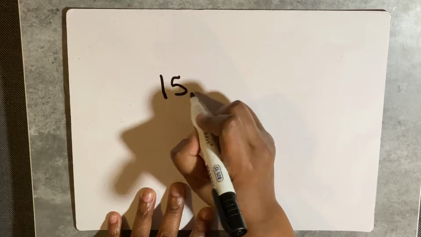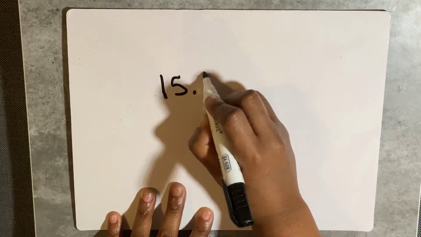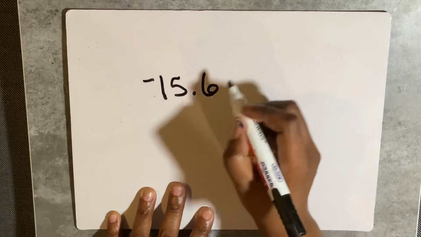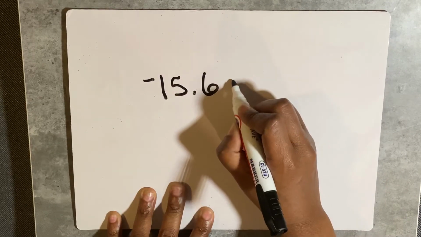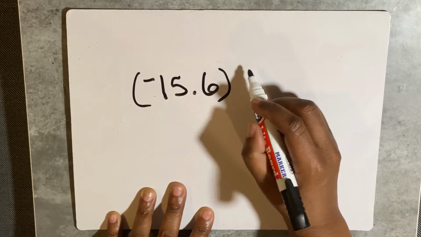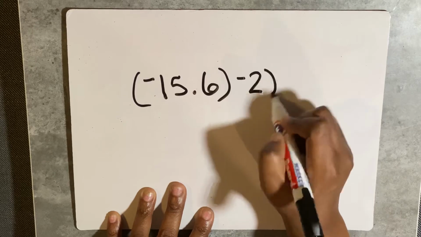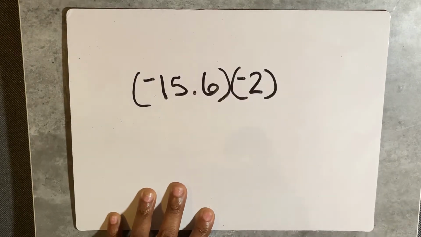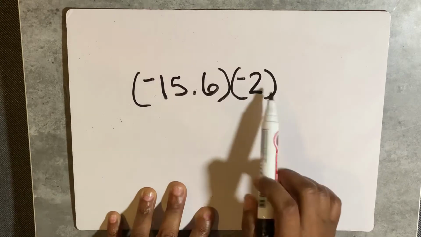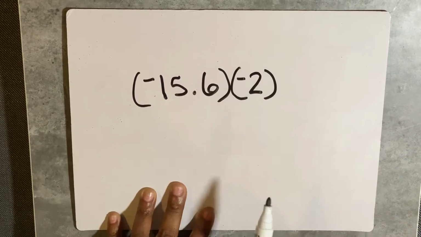So we're going to do negative 15 and 6/10 times negative 2. Okay? Remember what we said, a negative times a negative is a positive, so we know our answer is going to end up being a positive number.